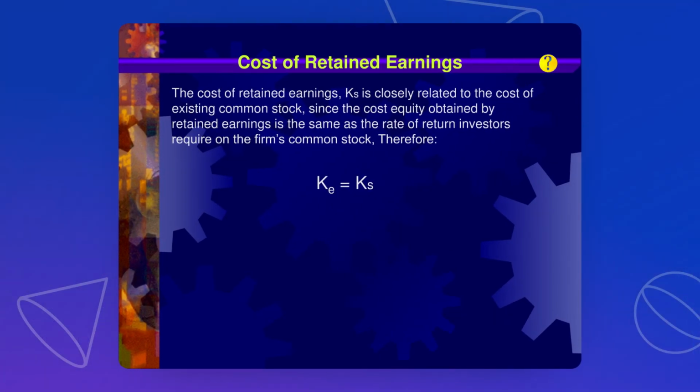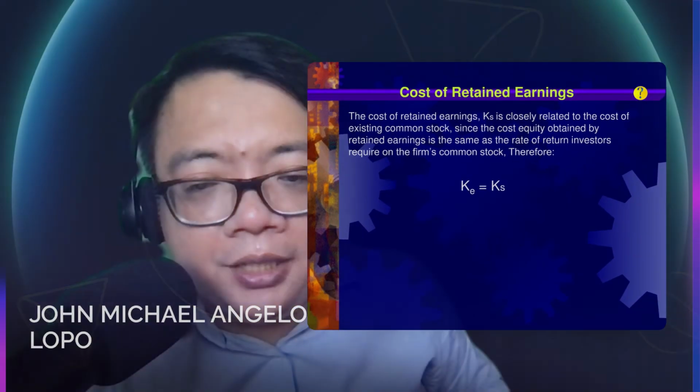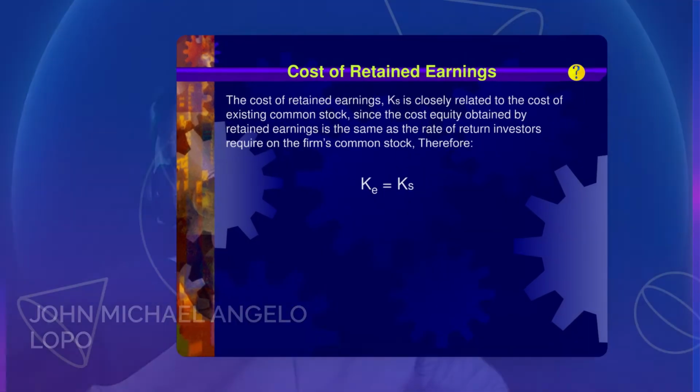Please take note that the cost of your retained earnings, your Ks, is closely related to the cost of existing common stock. Meaning, class, the formula of the cost of equity and the cost of retained earnings is the same.